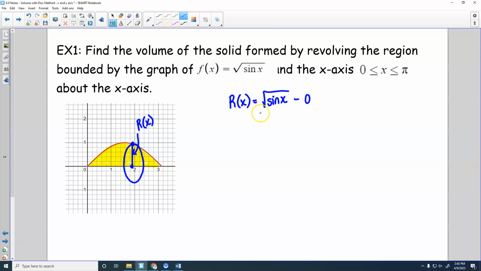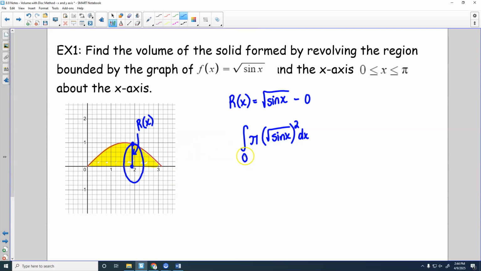So we're going to put that into the equation for the area of a circle, which is pi times the radius, which is square root of sine x, squared. And then we want to integrate that. Just like with our cross-section problems, if it is a dx problem, you need to look at the x-axis.